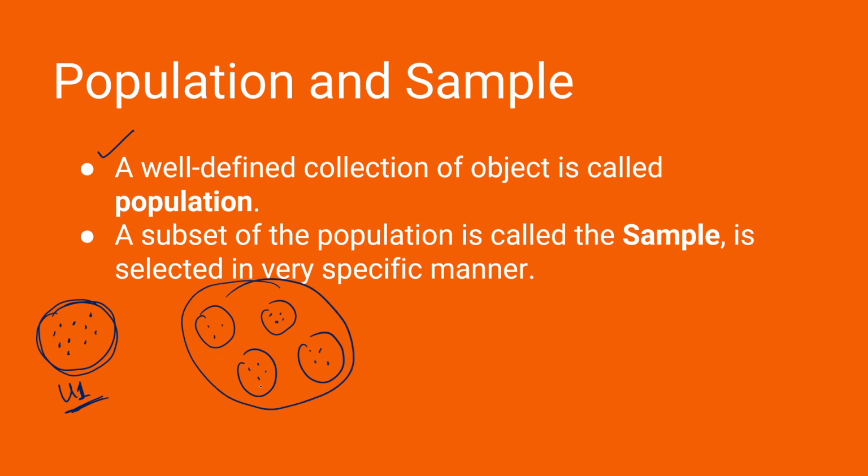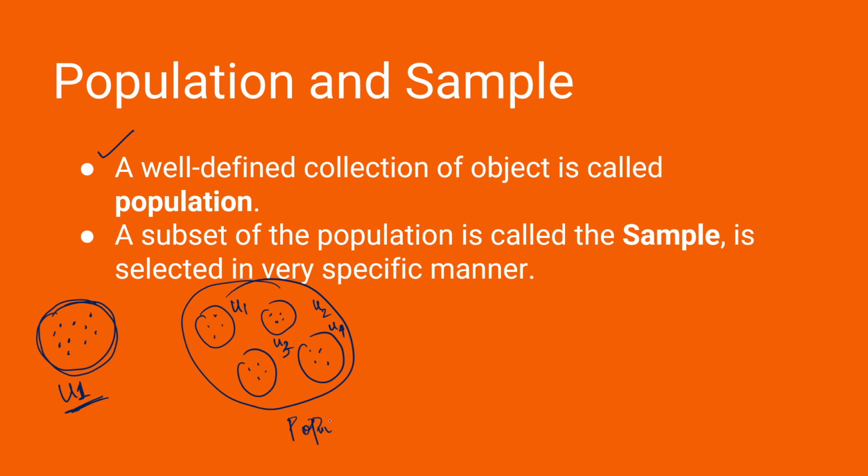In a specific state, there are different universities: university 1, 2, 3, 4. There are different universities, and in these universities there are several students studying bioinformatics. In this case also, you are collecting the population.